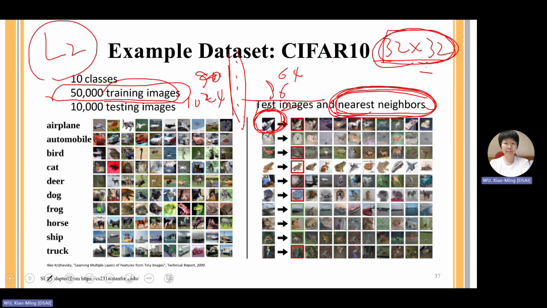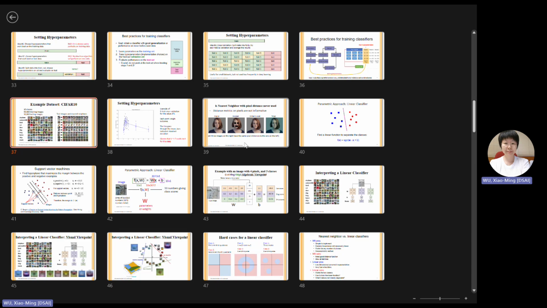The distance function is a key parameter.